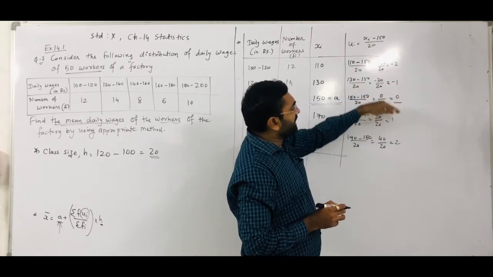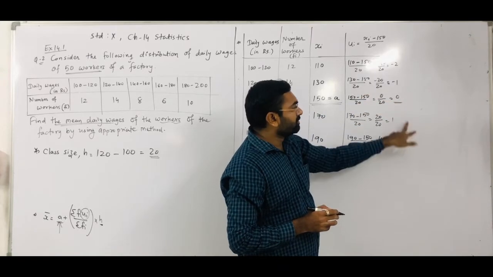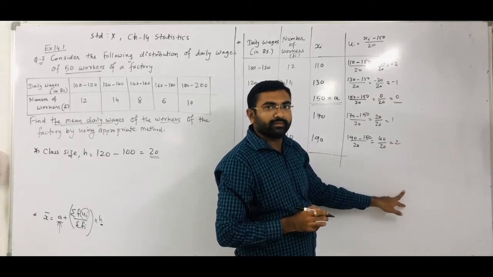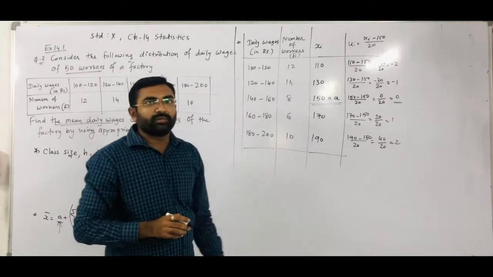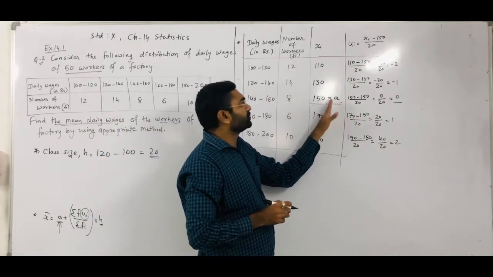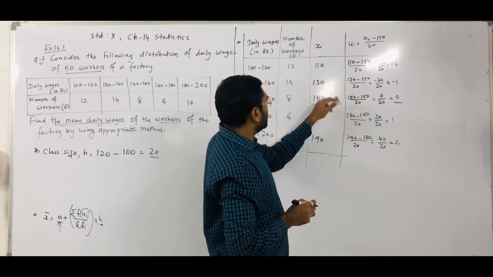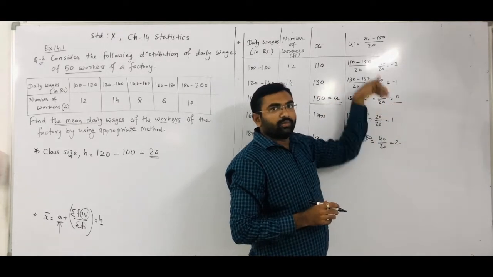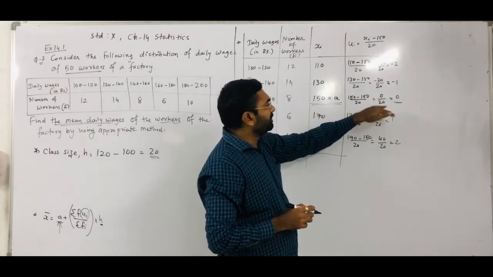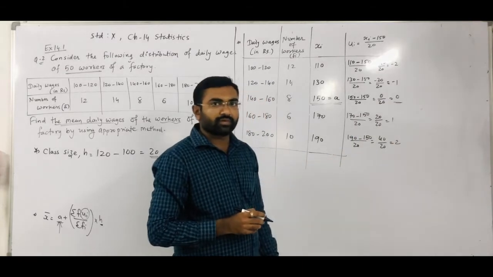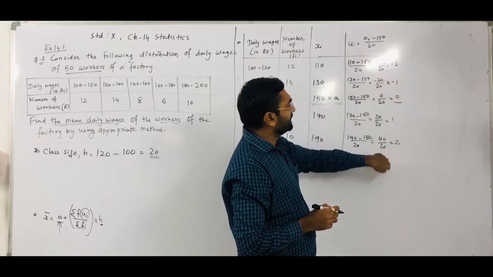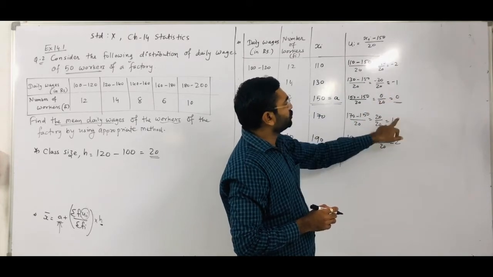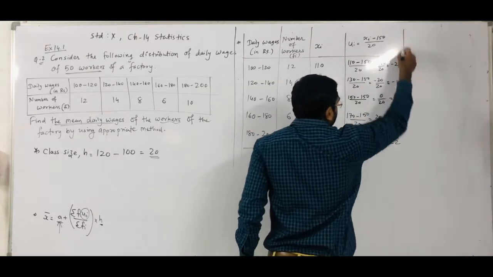And on the below part, you have to write the positive numbers 1, 2, 3, 4, that way. Okay. So that way you have to remember the ui value. Whatever the a you assume, its ui value is 0, above values are minus 1, minus 2, and below values are 1, 2, 3, that way. So here that way you can write the ui column easily: 0, minus 1, minus 2, 1 and 2.